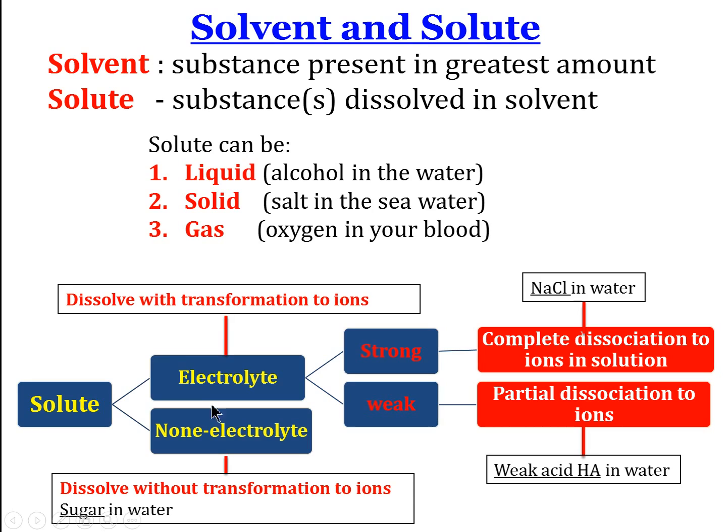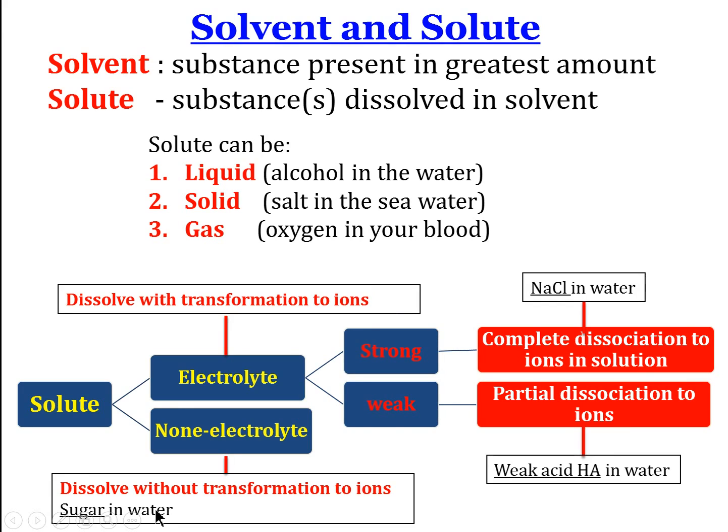Consider the example of dissolution of NaCl in water. NaCl in water will be dissolved and transformed to ions. So this solute is called solute electrolyte because its dissolution forms ions. Consider the example of dissolution of one piece of sugar in a cup of water.